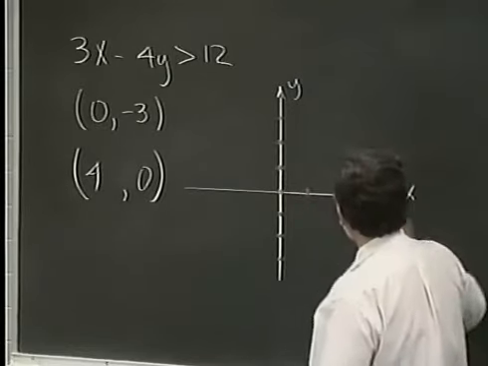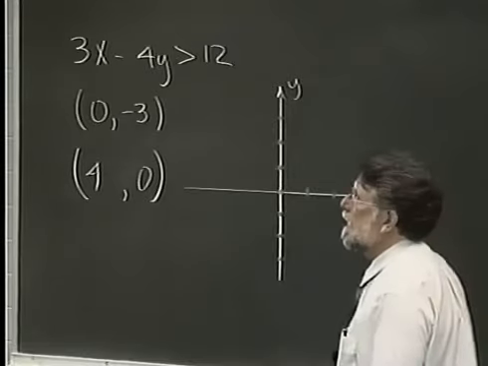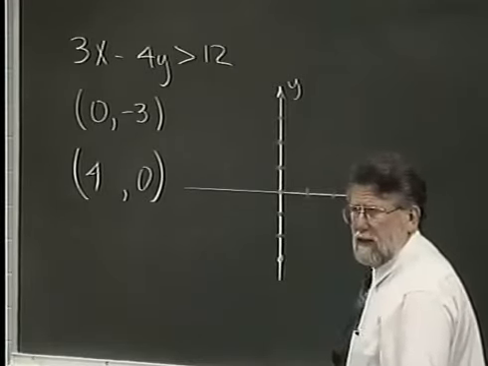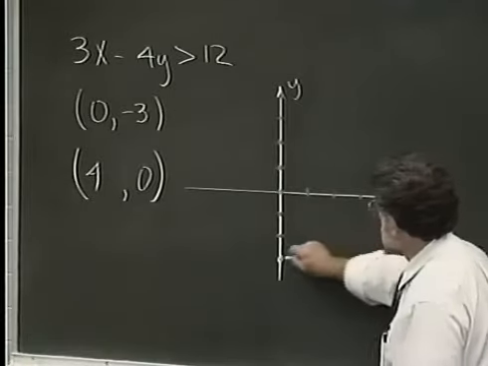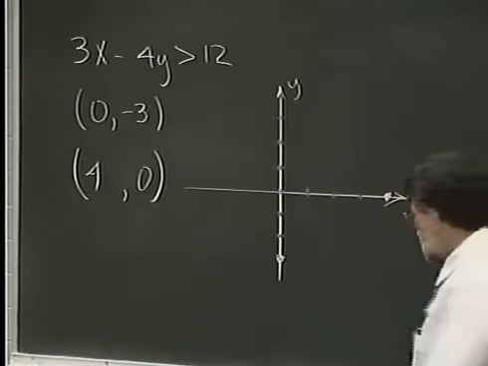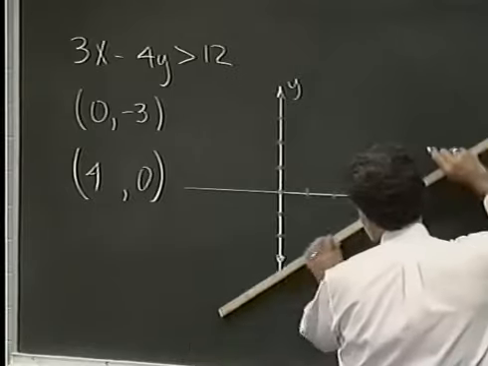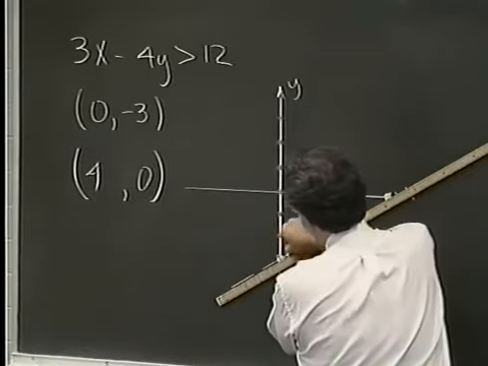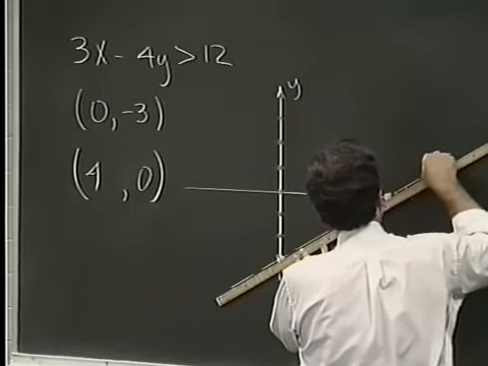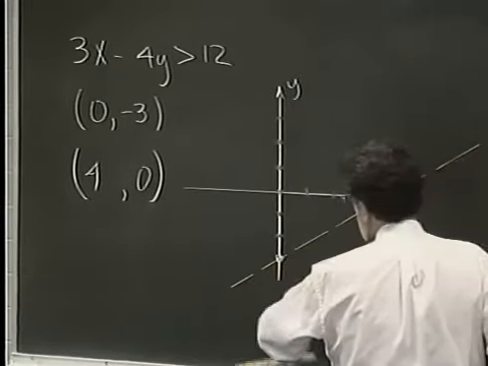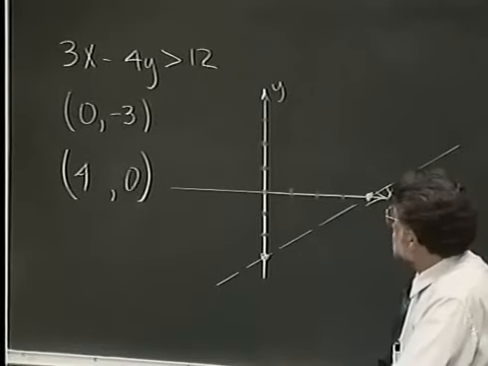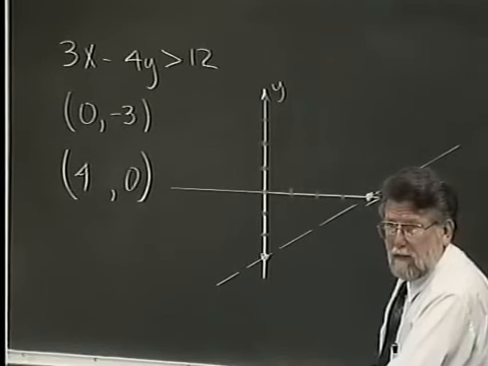Done. 4, 0. There's 1 point. And at 0, minus 3, I have the other point. So these are the 2 points, this one and this one. And I'm going to join those with a dashed line. Why dashed? What's the argument? It's an inequality because I had greater in it, not equal.